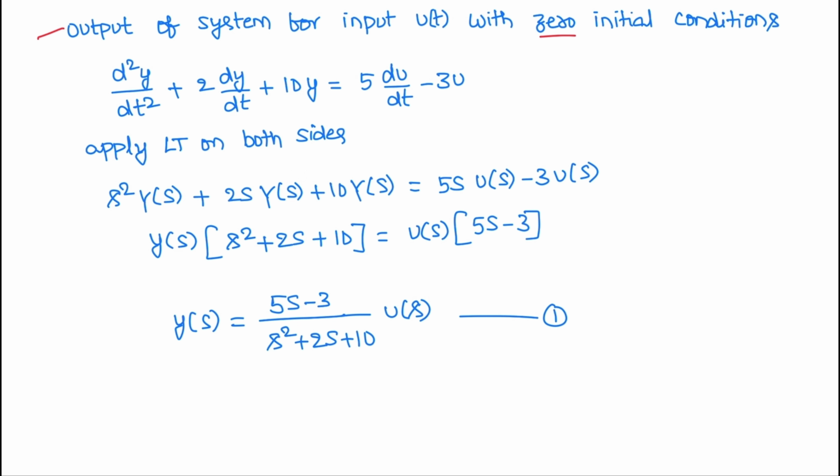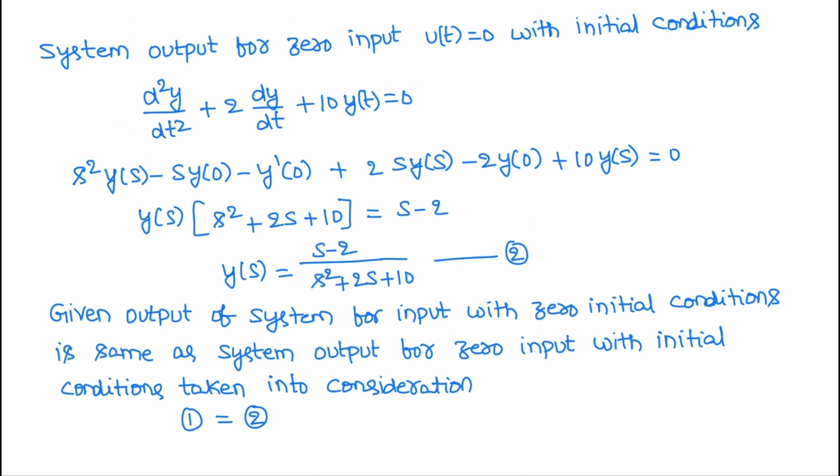We will apply Laplace transform to the given differential equation, and on solving we will get y of s is 5s minus 3 divided by s square plus 2s plus 10 into u of s. Similarly, system output for 0 input having initial conditions, on solving we will get y of s is s minus 2 divided by s square plus 2s plus 10.